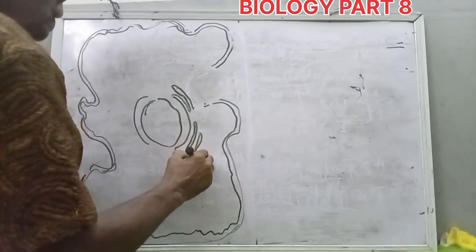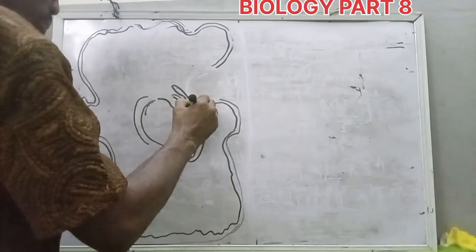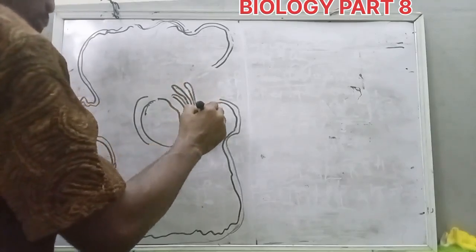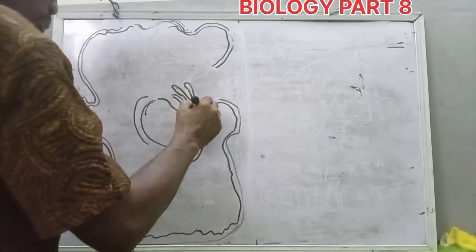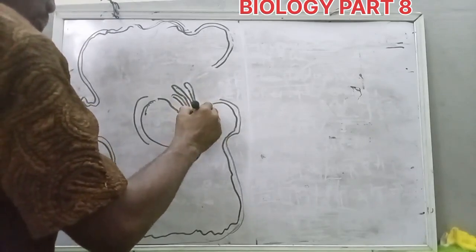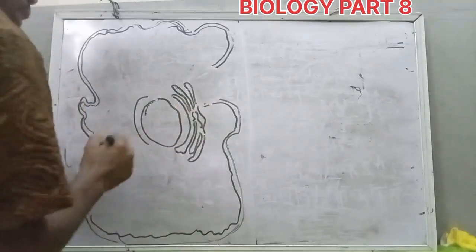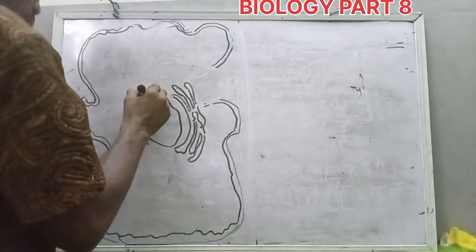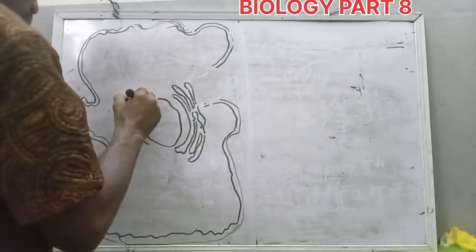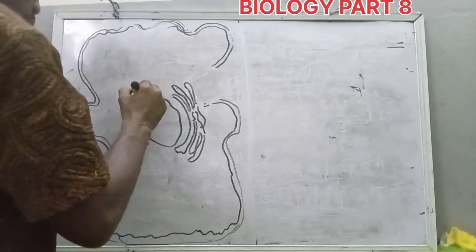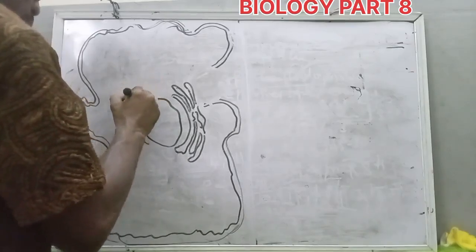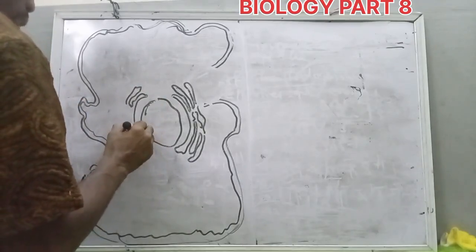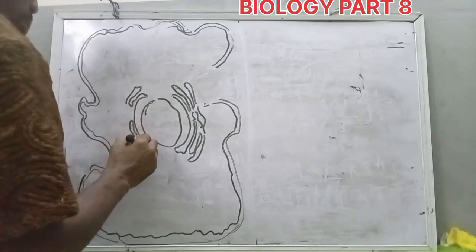What is the essence of this endoplasmic reticulum? The endoplasmic reticulum is divided into two based on the function it carries. And what are those functions? If the endoplasmic reticulum has ribosomes attached to it, then it is called a rough endoplasmic reticulum. But when there is an absence of ribosomes, we call it smooth endoplasmic reticulum.